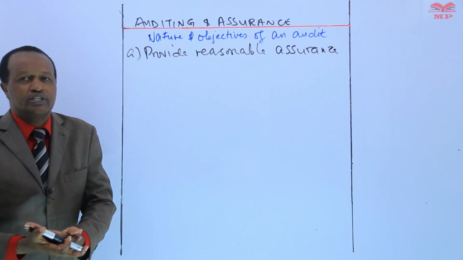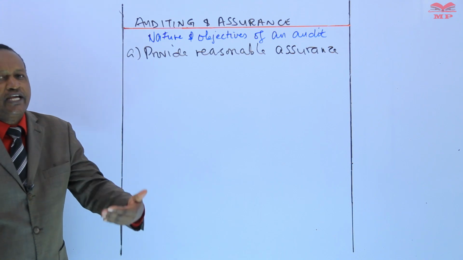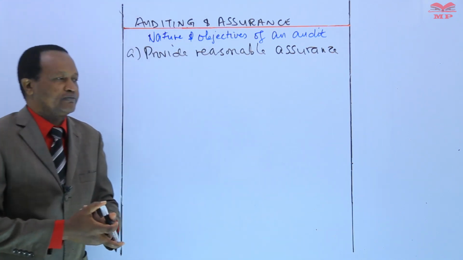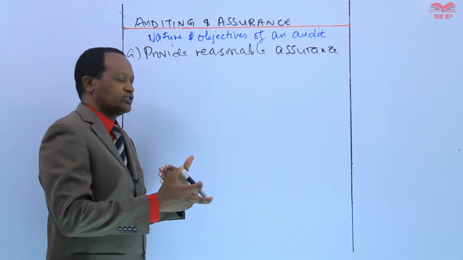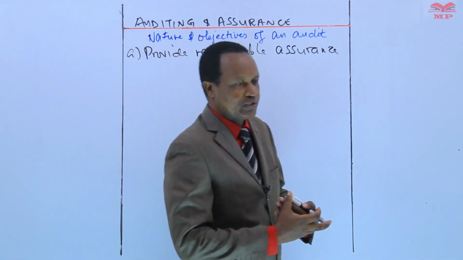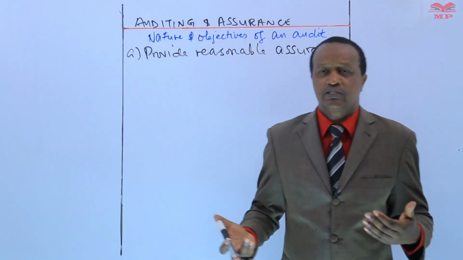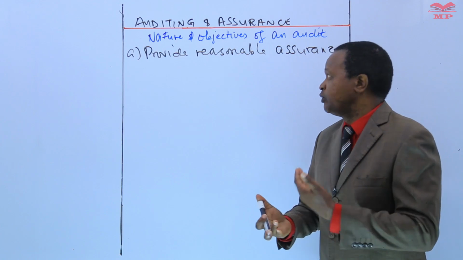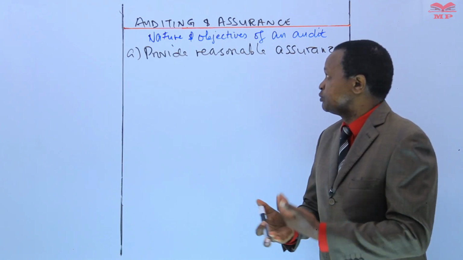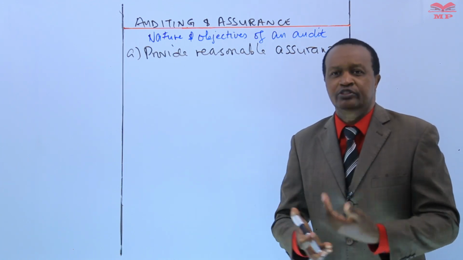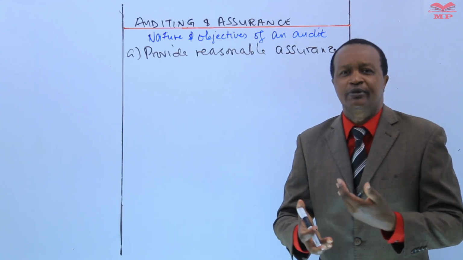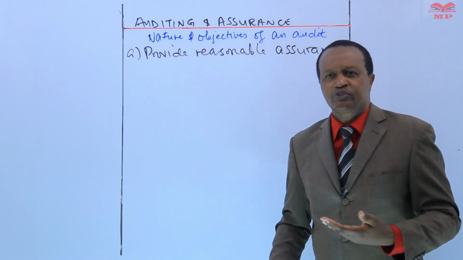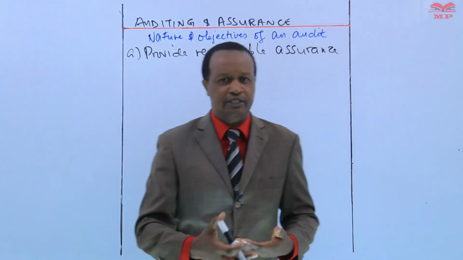The auditor's main goal is to provide a high but not absolute level of assurance, because absolute assurance may not be possible due to other factors that we are going to study later on. So the auditor provides a high but not absolute level of assurance that the financial statements are free from material misstatements.